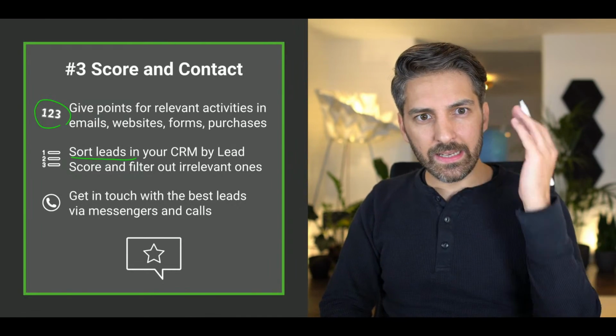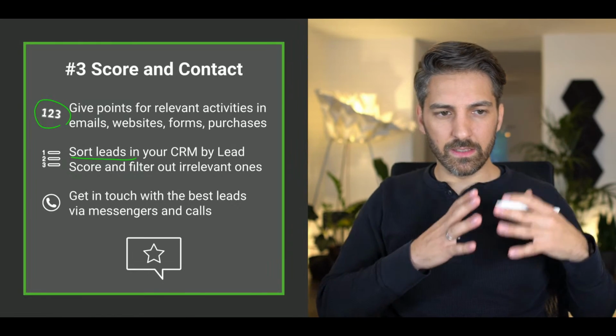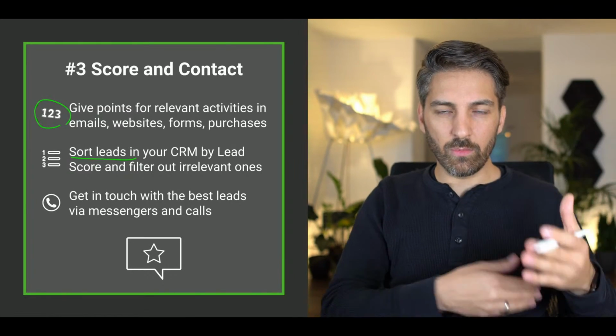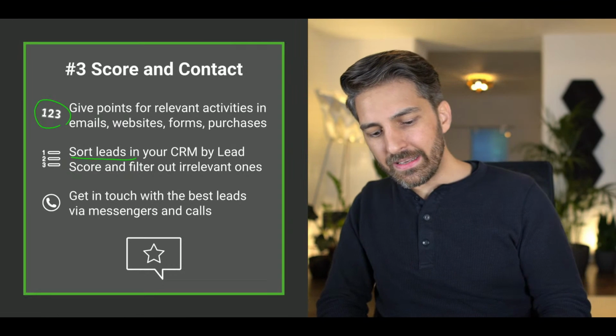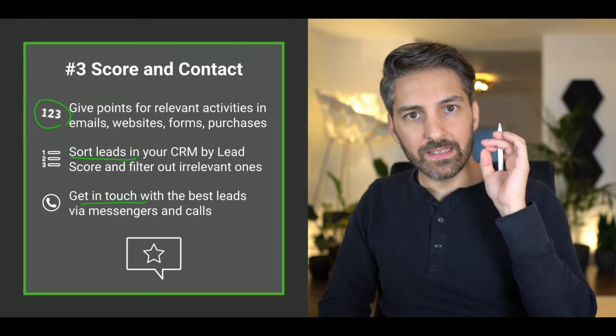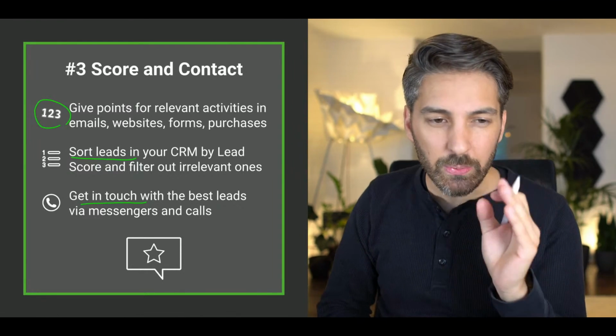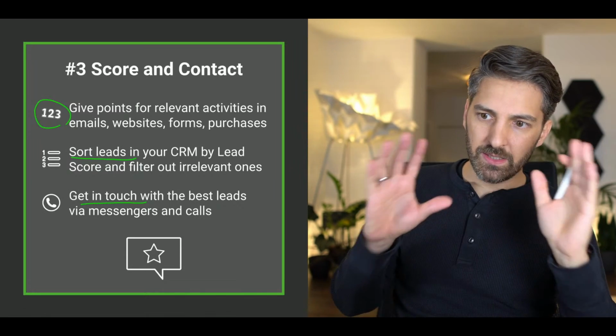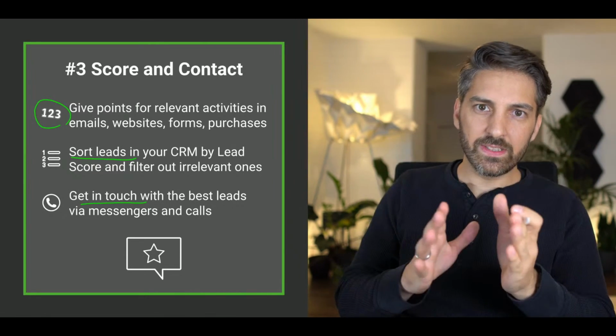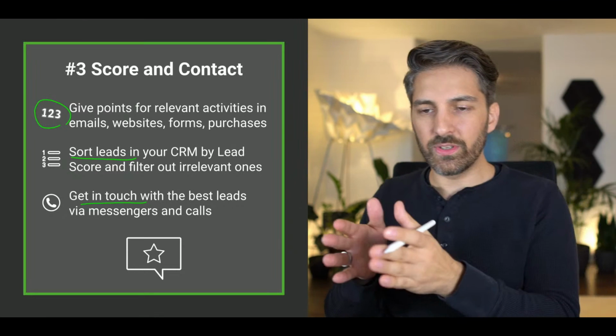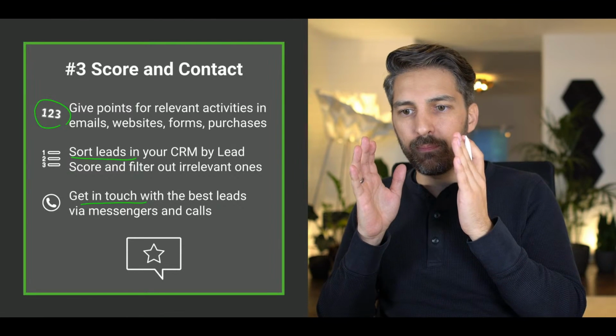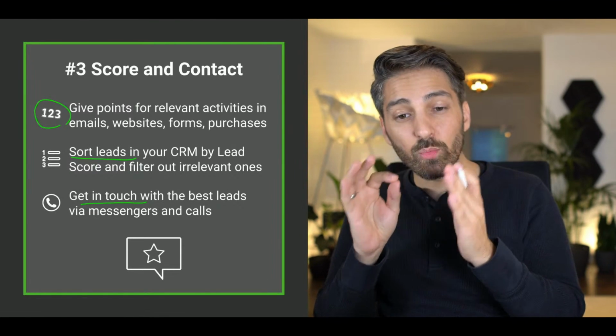And now I can get in touch. I can give this list to my sales team or use it for myself. And then I get in touch with the best leads first. You have a very limited amount of time in your business, and you want to use that time for yourself and for your salespeople in the best way possible.